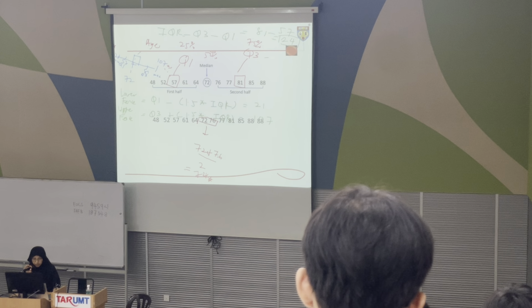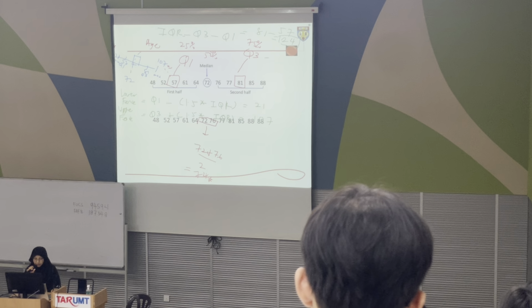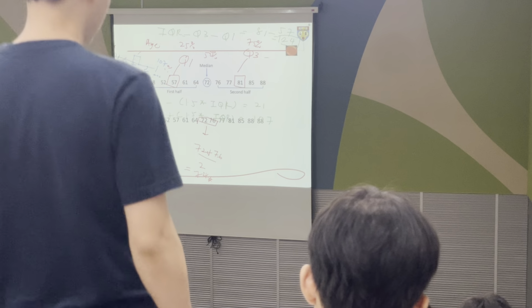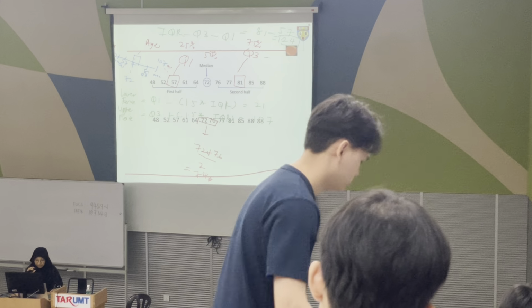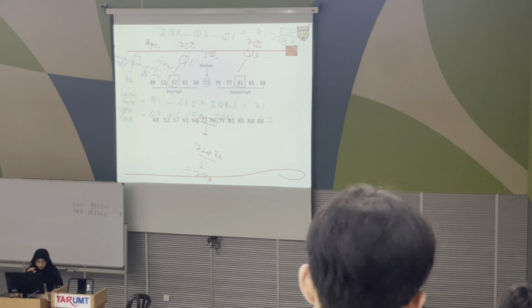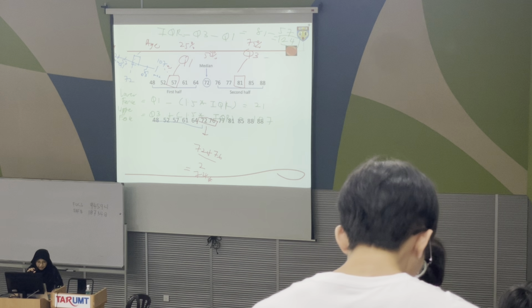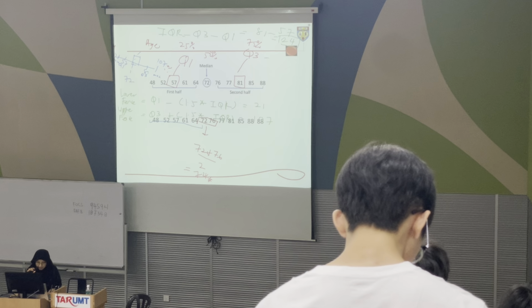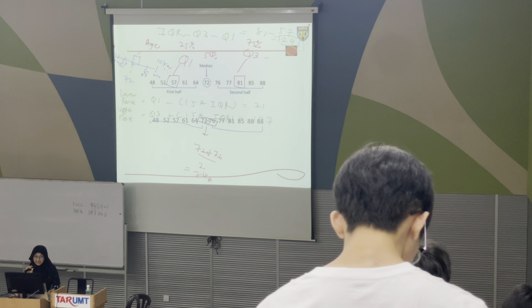So what about the Q1? To identify Q1, we need to identify the first half first. The first half should start from 48 up until 72, and the second half starts from 76 up until 88, because the median is between 72 and 76, right?